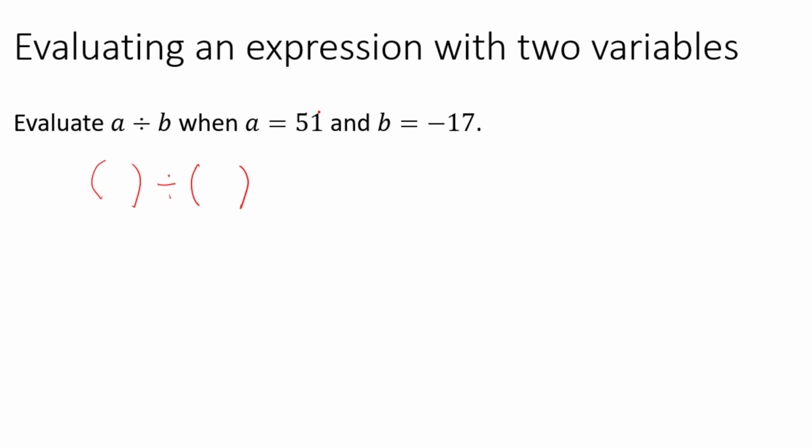The value for a is 51. We'll substitute it into the first parentheses. The value for b is negative 17. Substitute it into the second parentheses. Positive divided by negative is negative. 51 divided by 17 is 3.